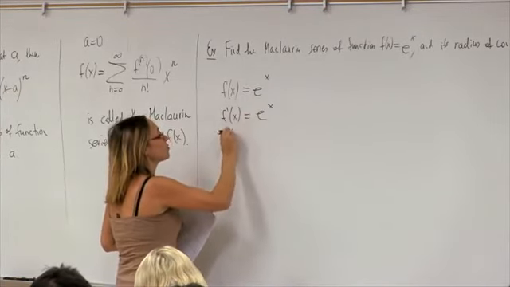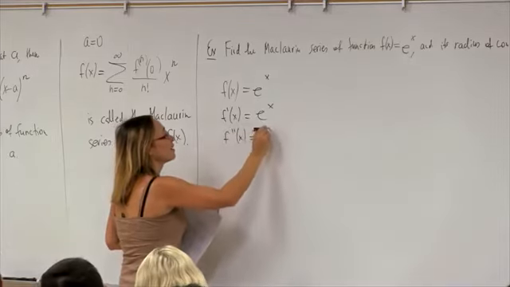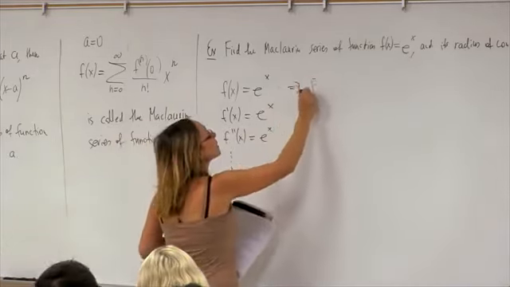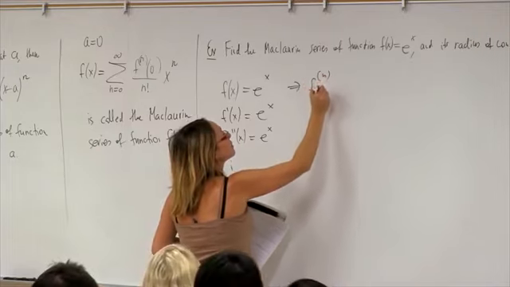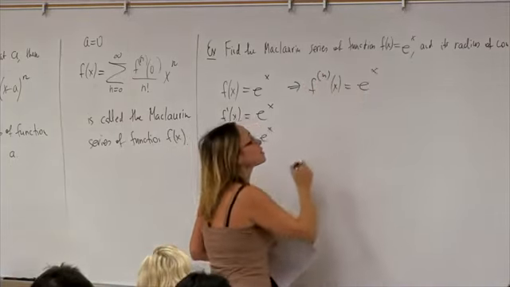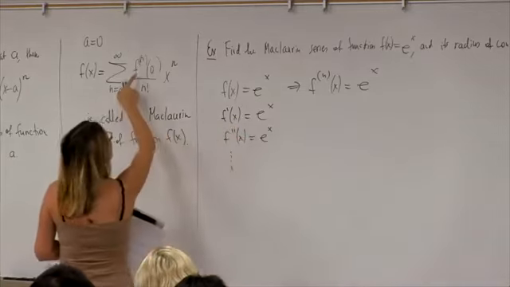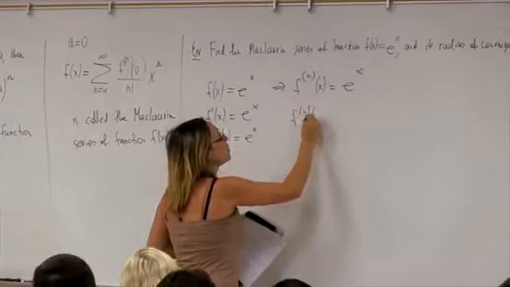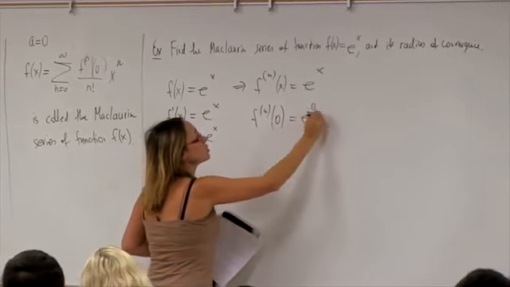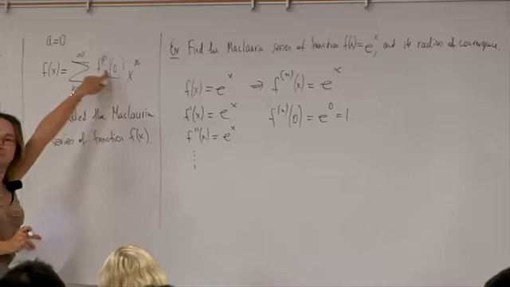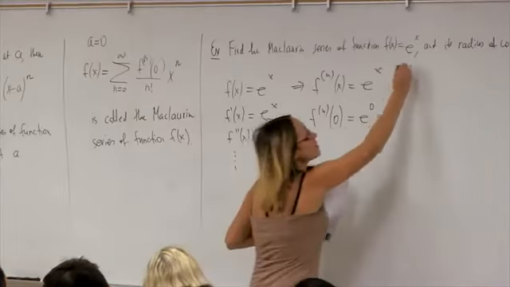How about f prime prime? E to the x. Yeah, and so on, right? So we can say that f n of x is e to the x. What we really need is f n of 0. F n of 0 is e to the 0, which is 1. So all of these are 1. Okay? That's why it's the easiest.